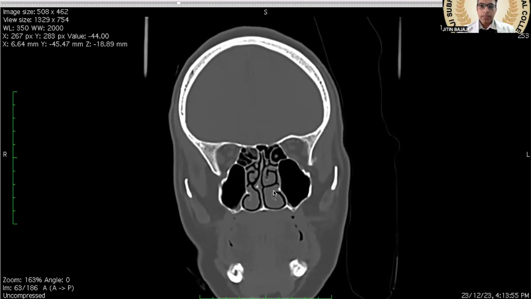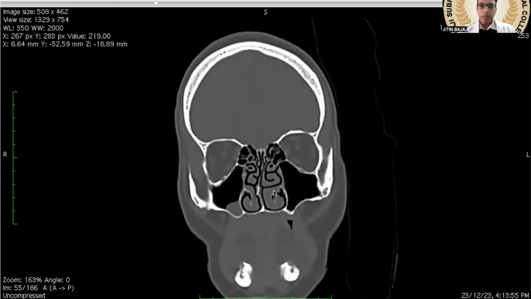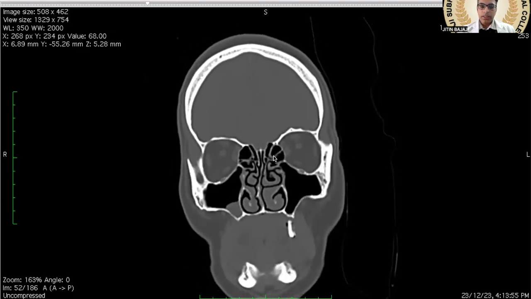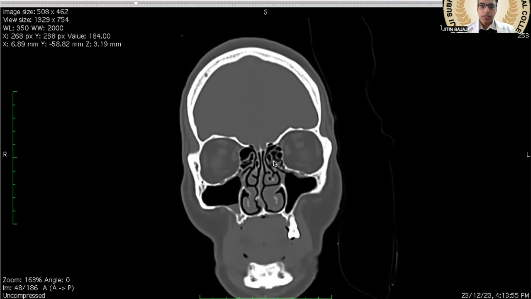So as I said, the ground lamella is this, and before that there were anterior ethmoidal air cell groups, multiple small anterior ethmoidal air cell groups. The orbit was large. The maxillary sinus was flattened.